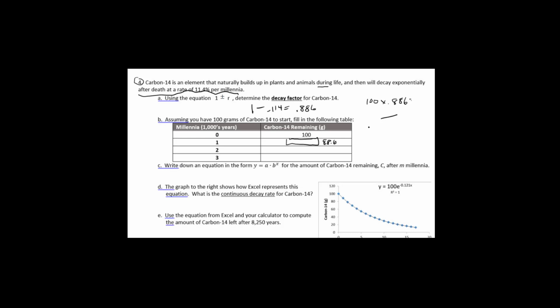And then I'm going to take 88.6 and multiply it by 0.886. Put that in your calculator. I'm only going to round it to 1. So does that make sense? That would be the value in here.